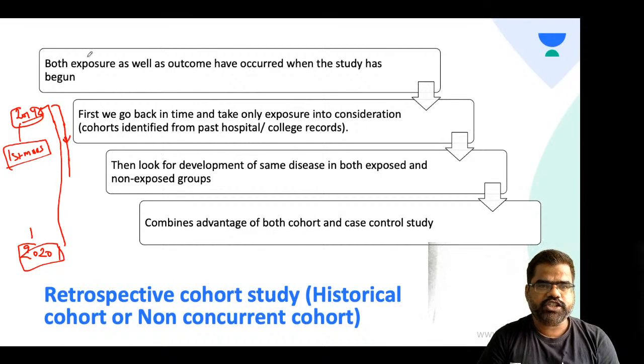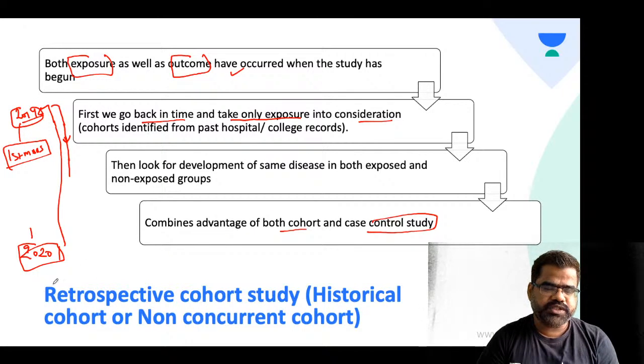So both exposure and outcome have occurred here. We go back in time and take only exposure into consideration. So I went here in 2014 and then I tried to understand their details with the help of records, and then I started moving forward. How many students developed disease, how many people did not develop disease. So there is an advantage of both cohort and case control study.